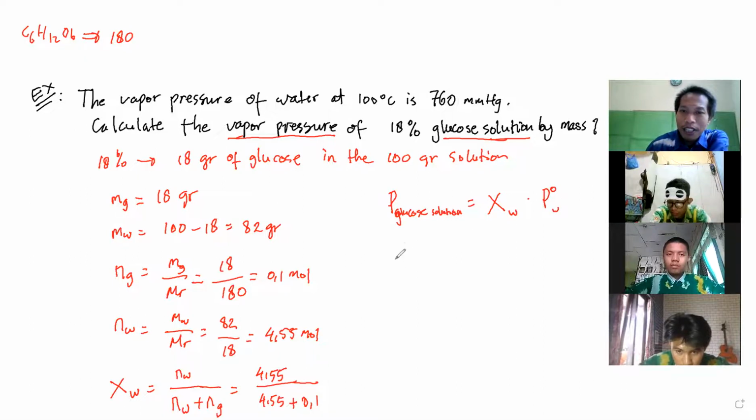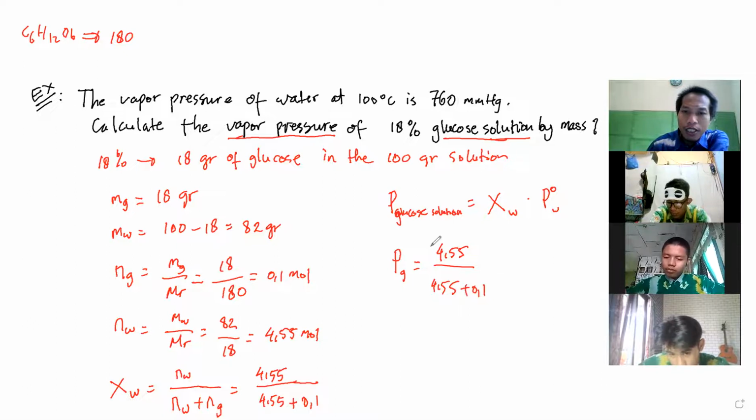So from here, I get P glucose is equal to the mole fraction of water, 4.55 divided by 4.55 plus 0.1.